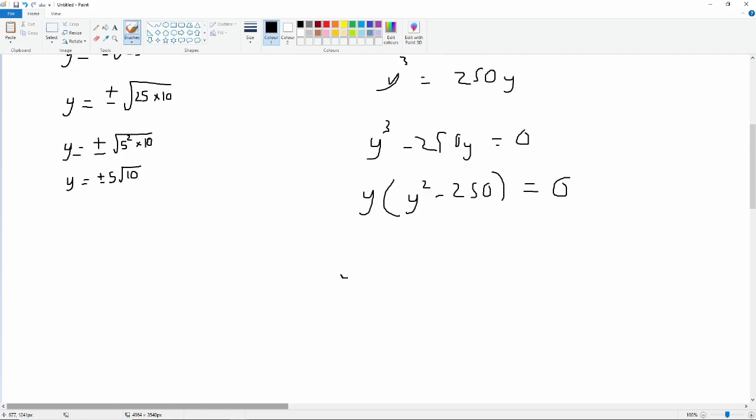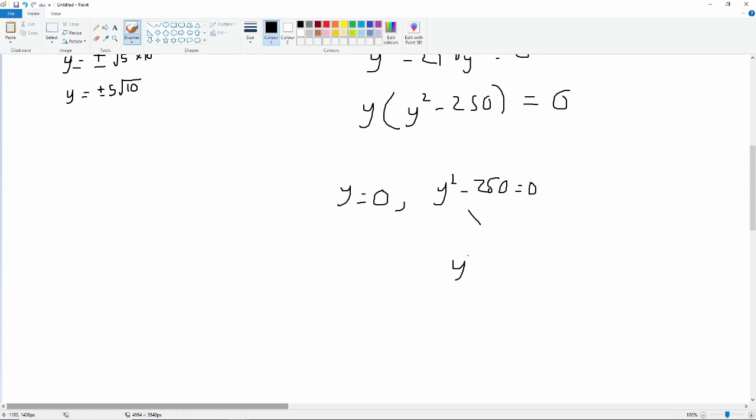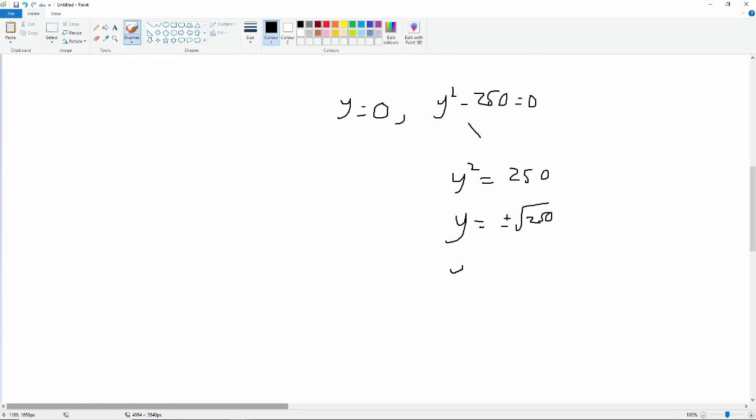and then say we've got y equals 0 as a solution, and y squared minus 250 equals 0 is a solution, which would then give us y squared equals 250, y equals plus or minus the square root of 250, and that leads us to y equals plus or minus 5 root 10.